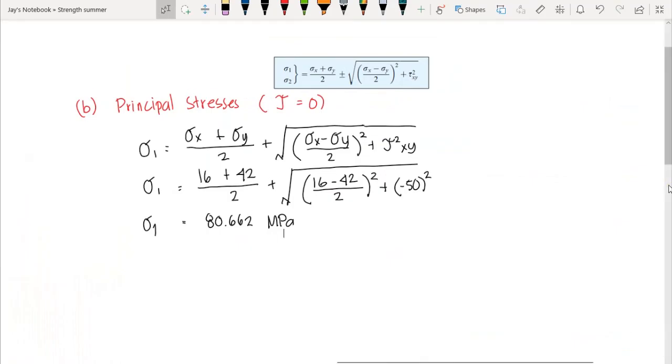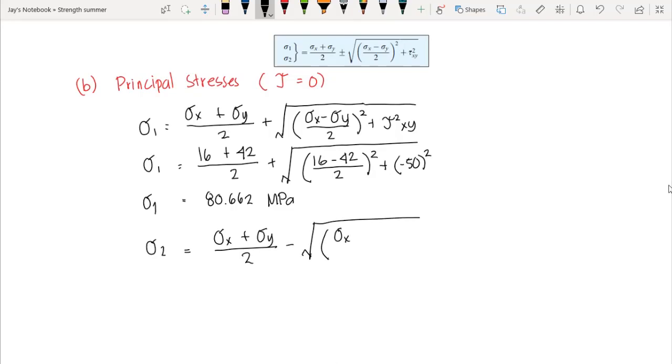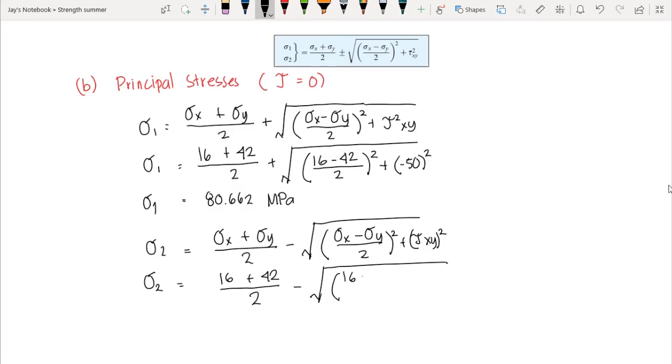Now for the other equation, we have a minus, okay, sigma 2 is equal to sigma x plus sigma y over 2 minus square root of sigma x minus sigma y over 2 squared plus shear stress xy squared. Okay, let's substitute our values here. We have 16 plus 42 over 2 minus square root of 16 minus 42 over 2 squared plus negative 50 squared.